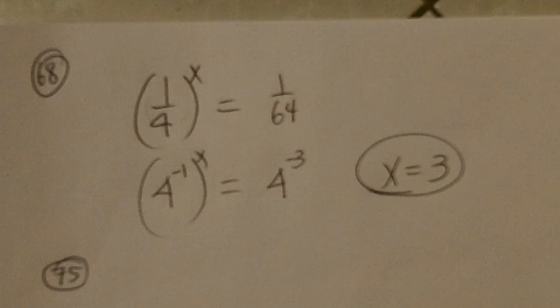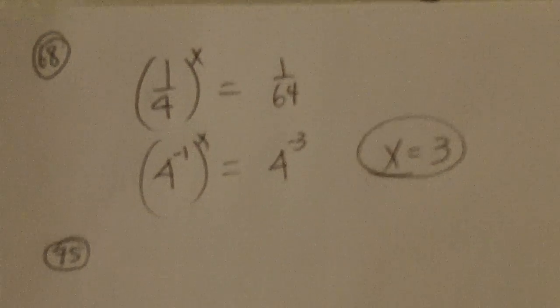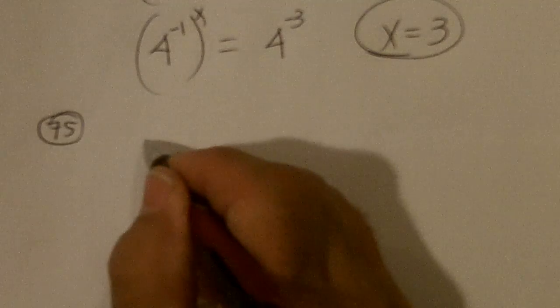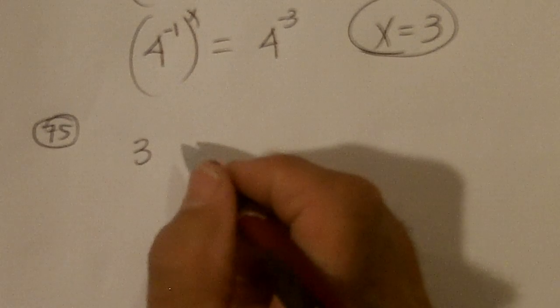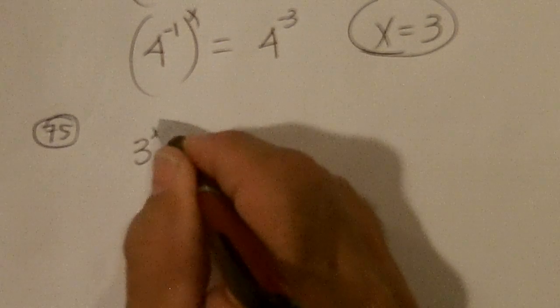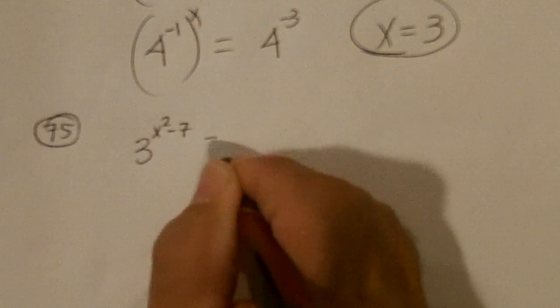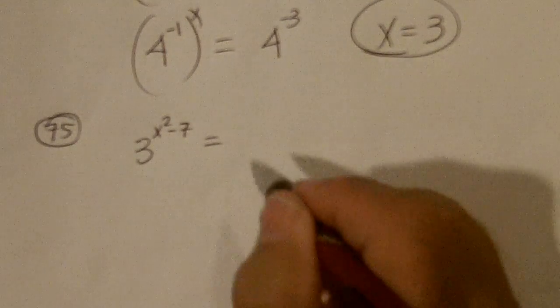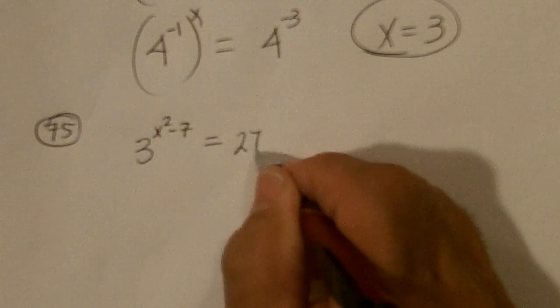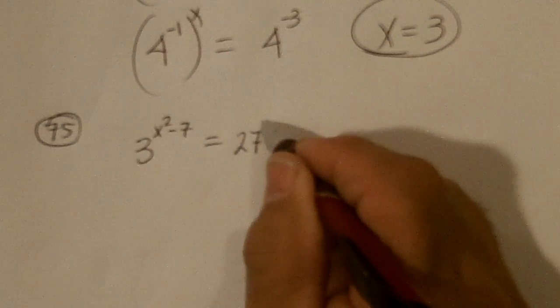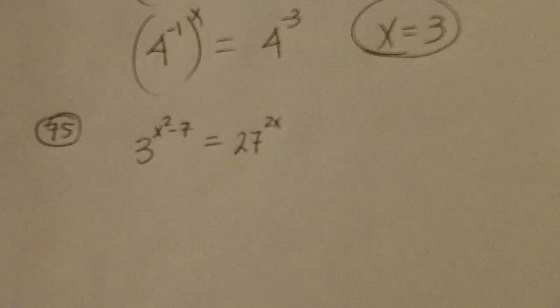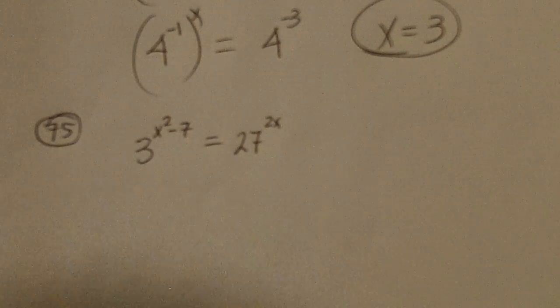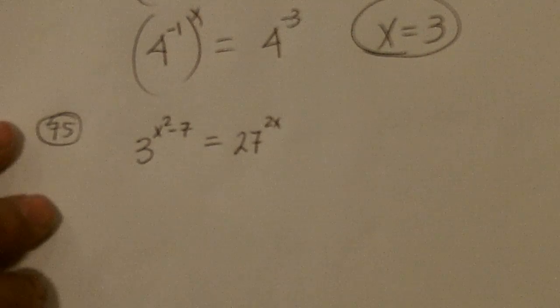75. 75 says solve this one. 3 to the x squared minus 7 equals 27 to the 2x. Well, the common base in this is 3.